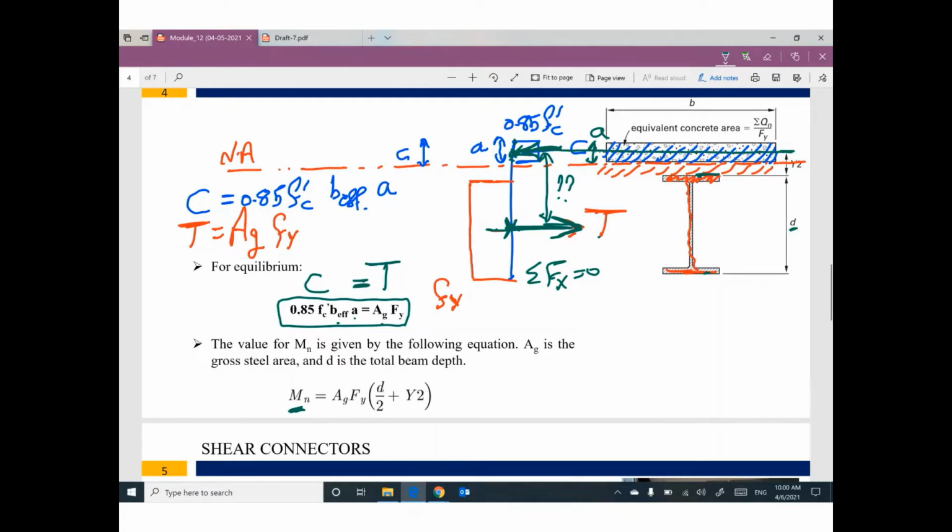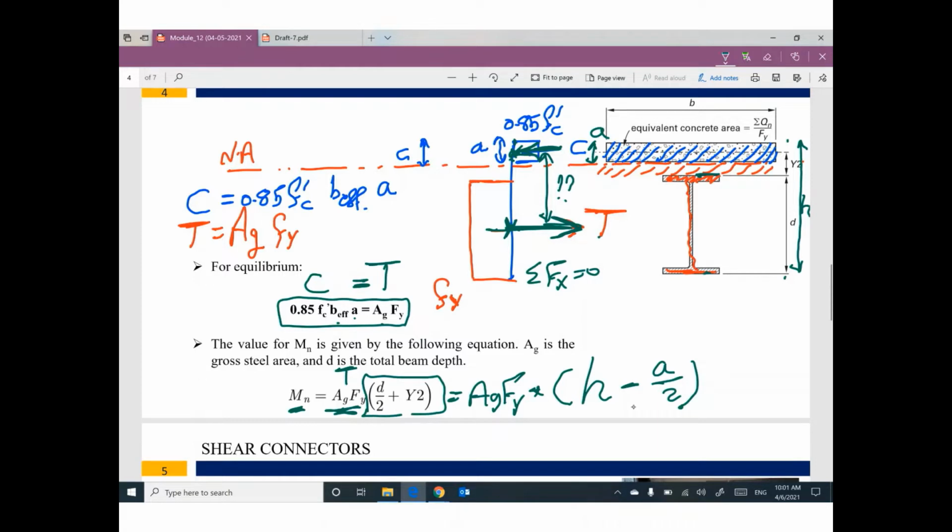Or if you assume this total depth is h, I can say it equals area gross times Fy. This term is tension T times the total depth minus a divided by 2. Anyway, by the way, this distance is the distance between T and C.